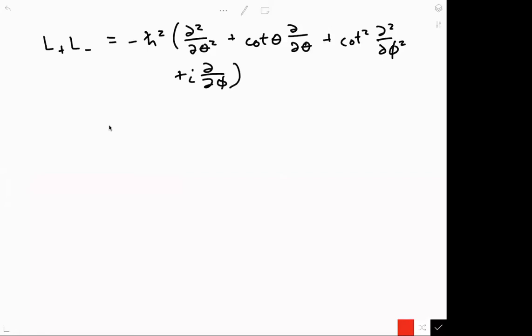And double check me using that equation on the previous page, that if we apply the raising and then the lowering operator, these are the instructions that we're following.